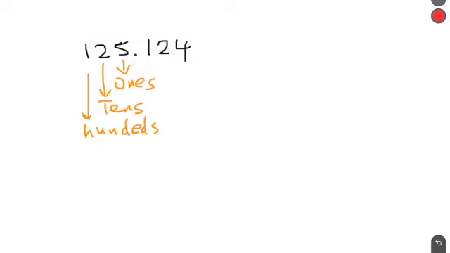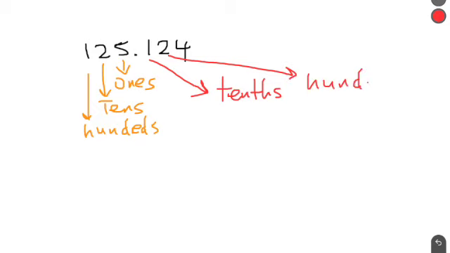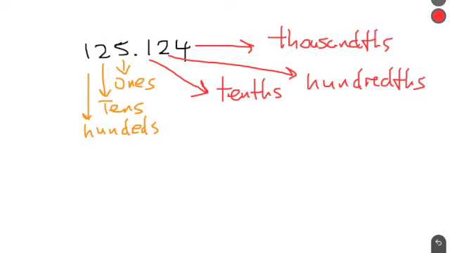Okay, in the same way, this number here, number 1, is in the place that's called tenths. This 2 is in a place called hundredths. And then this 4 is in a place called thousandths. And it goes on: tens, hundreds, thousands, 10,000s, 100,000s, and so forth.